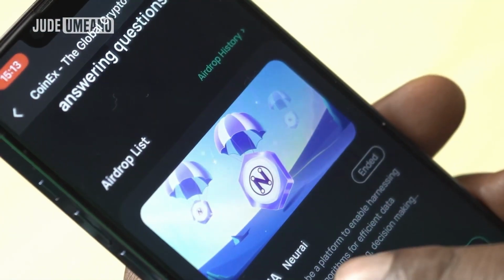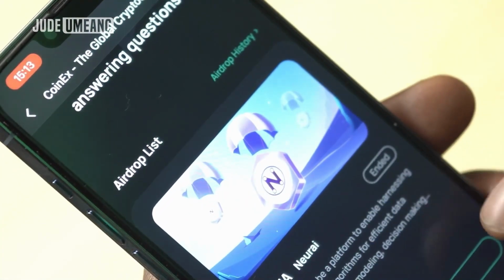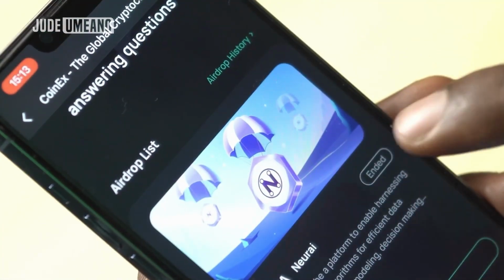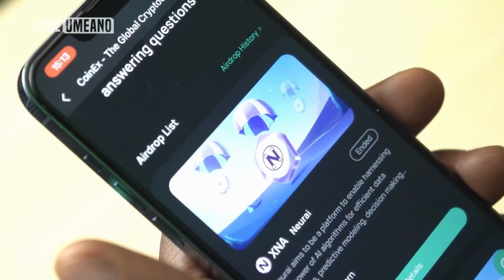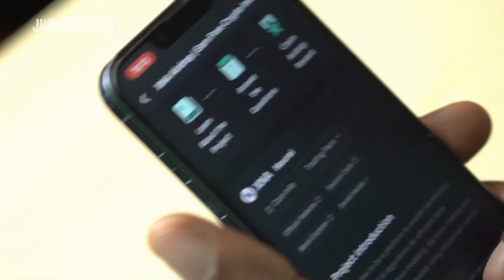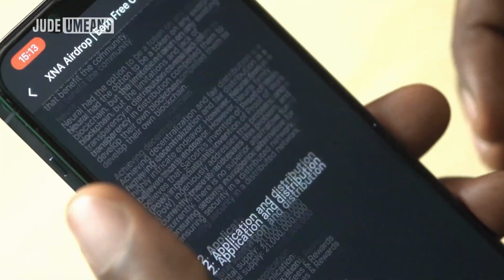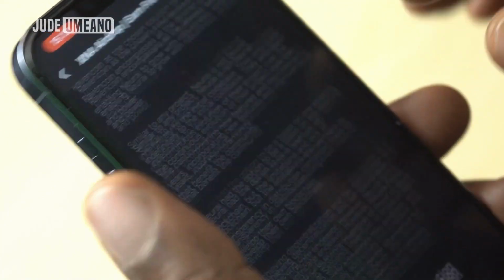You can see this one was ended. XNA was recently ended. So when it was live, you just click on it, you go through the tutorials, which is usually a few minutes. You answer a few questions and you'll be rewarded with that particular coin, which you can sell immediately and use the money for what you want to use it for.